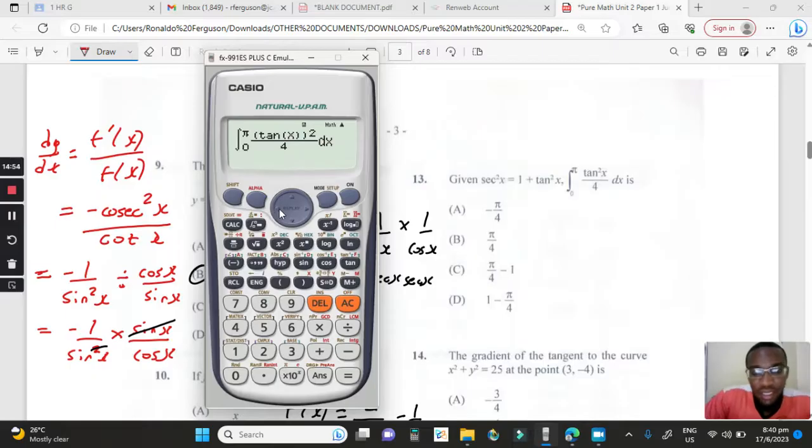Alright, I made a mistake here. Let me see. What's wrong with this? Let me try again. This is bracket tan x, and then I square it. They say I'm making a mistake. I know I can put it in the calculator. What am I doing wrong?